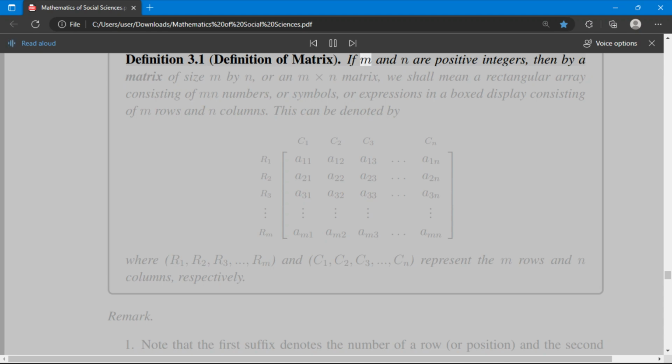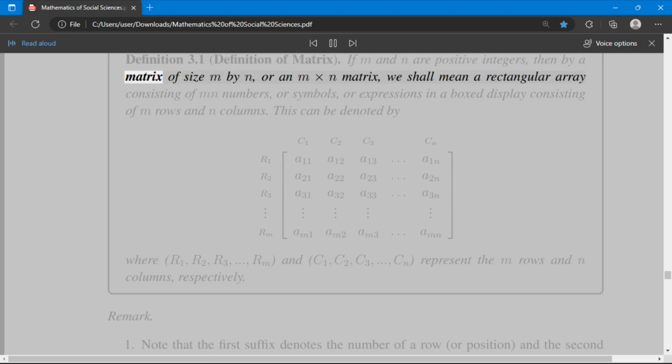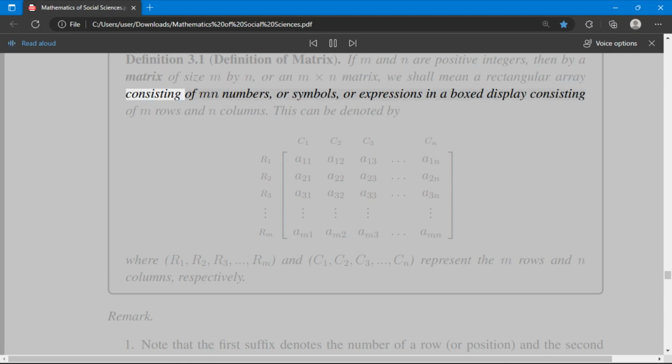Definition 3.1. Definition of matrix. If m and n are positive integers, then by a matrix of size m by n, or an m times n matrix, we shall mean a rectangular array consisting of mn numbers, or symbols, or expressions in a boxed display consisting of m rows and n columns.